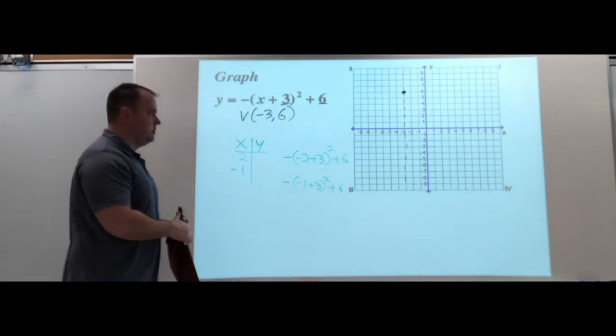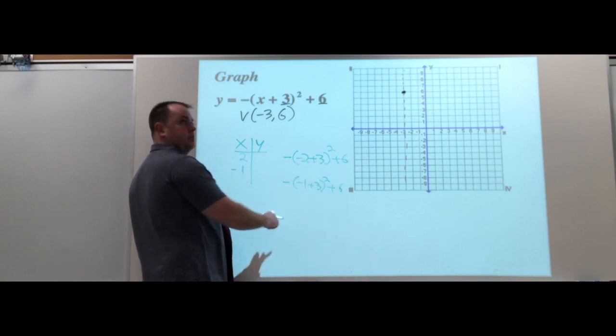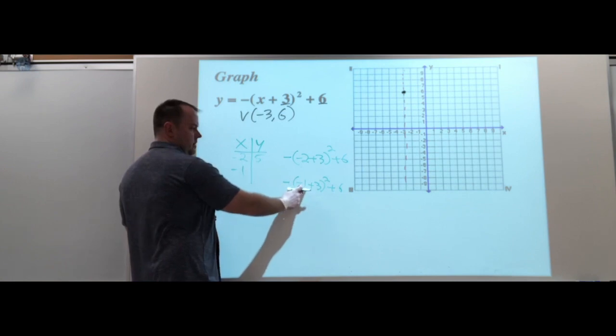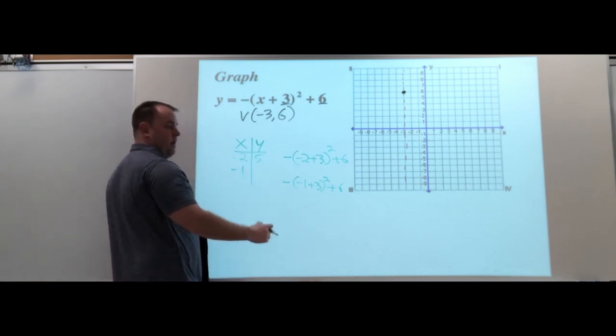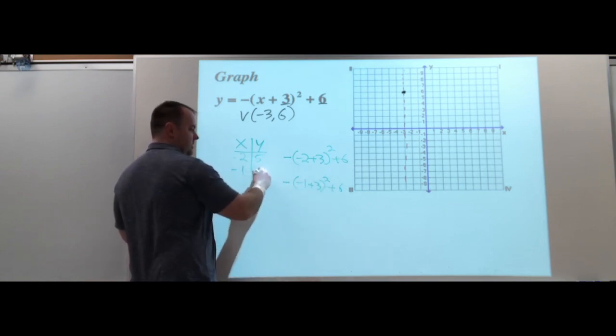Taking the time to do these calculations, you should get -2 plus 3 is 1 squared, -1, so we get 5. -1 plus 3 is 2 squared is 4. -4 plus 6 is 2.